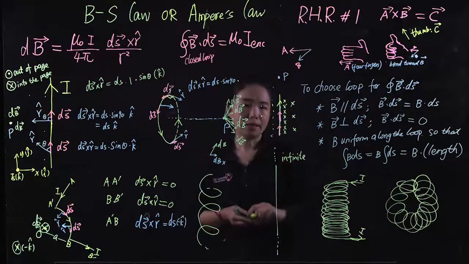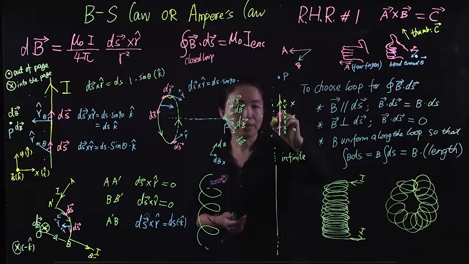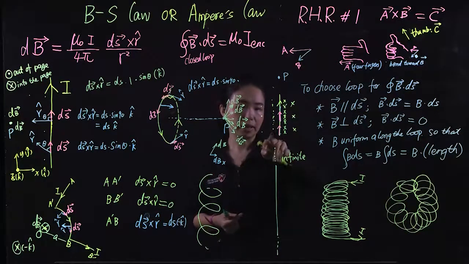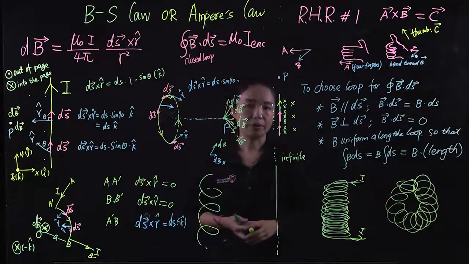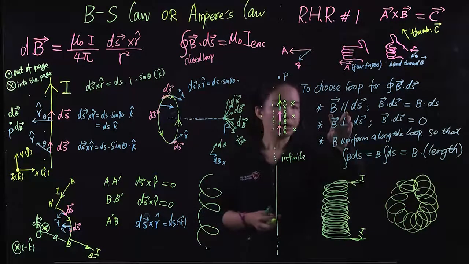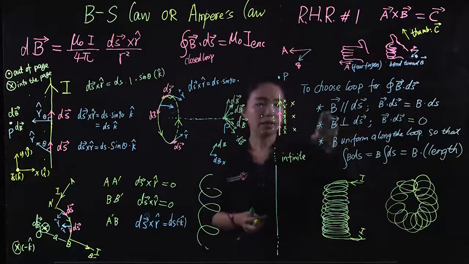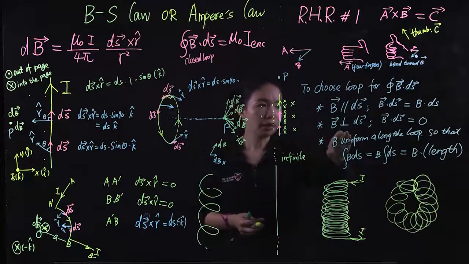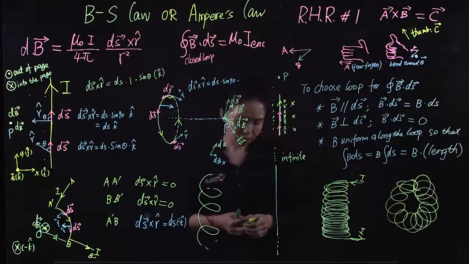If this wire is not very long, we know probably toward the center we have a denser and stronger B field, and toward the end we have less contribution and less B field. And it's not easy to find a loop along which the B field is always parallel or perpendicular to ds, and the B field is uniform everywhere.